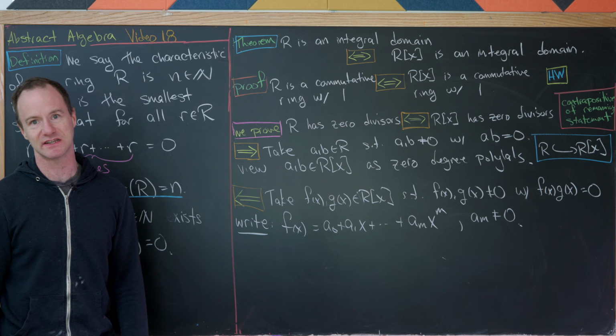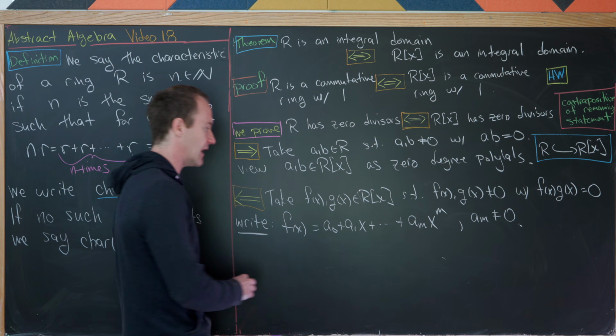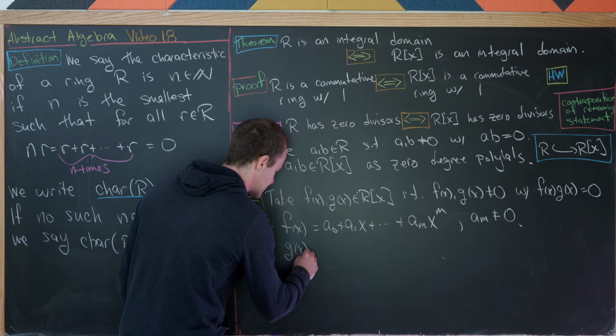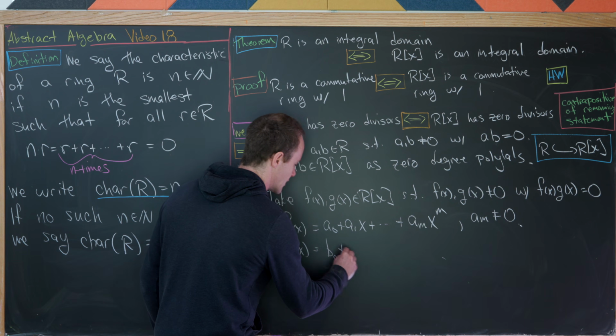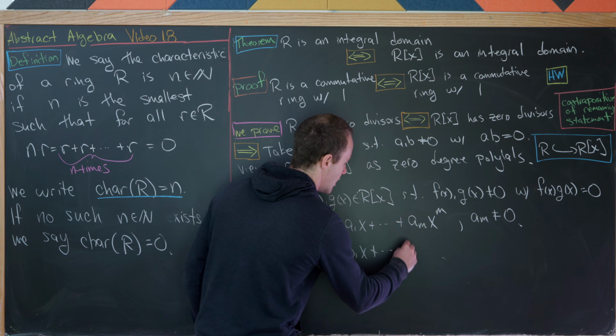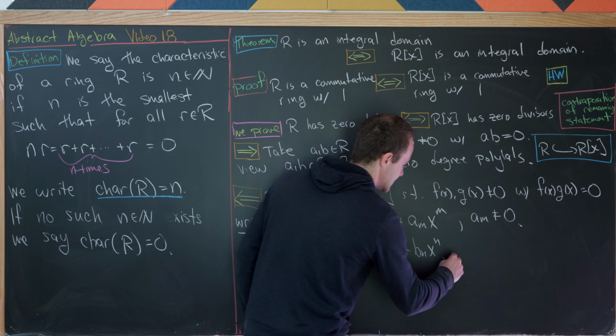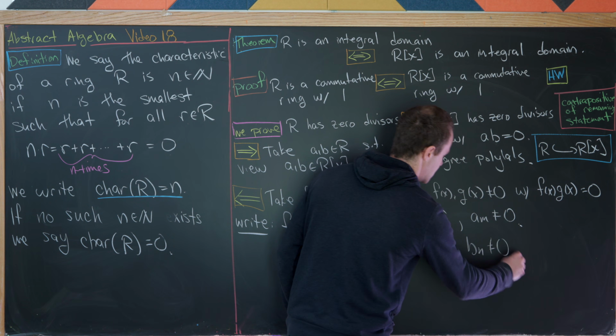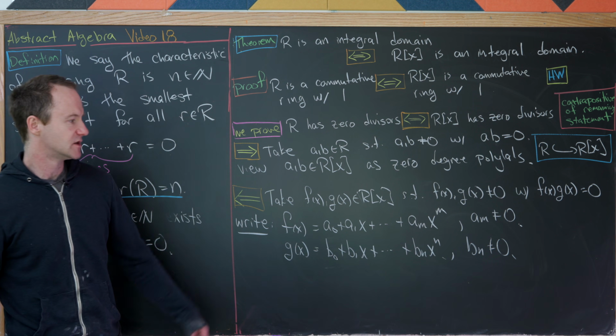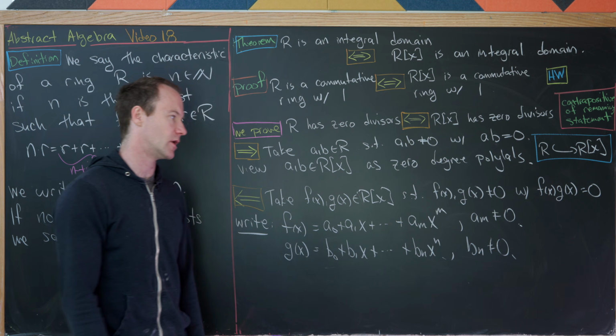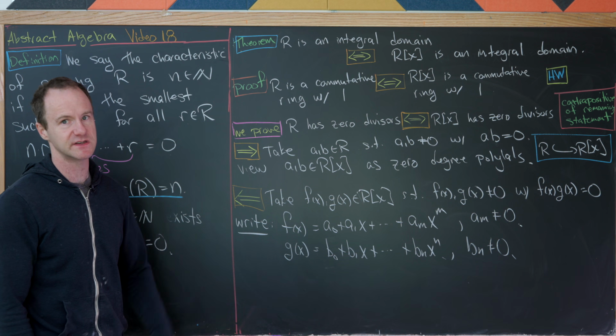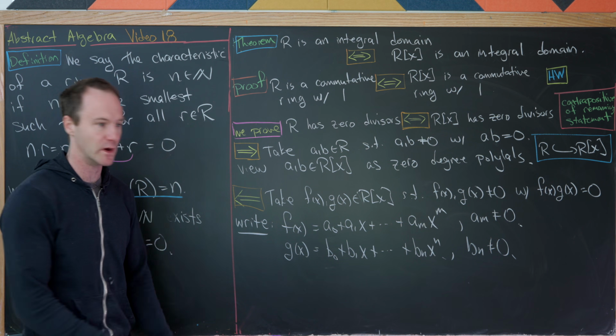Otherwise, we would just write it as a shorter polynomial. And then we'll do the same thing for g of x. Let's write this as b0 plus b1x all the way up to bn x to the n, and here we know bn is also non-zero. Those are the only two things that we know are non-zero, so hopefully those end up being our zero divisors, and they will.